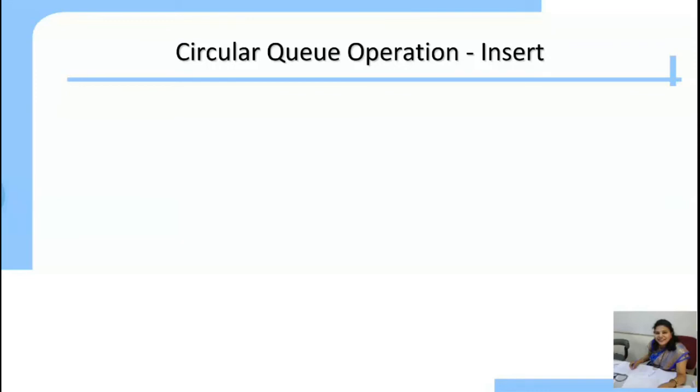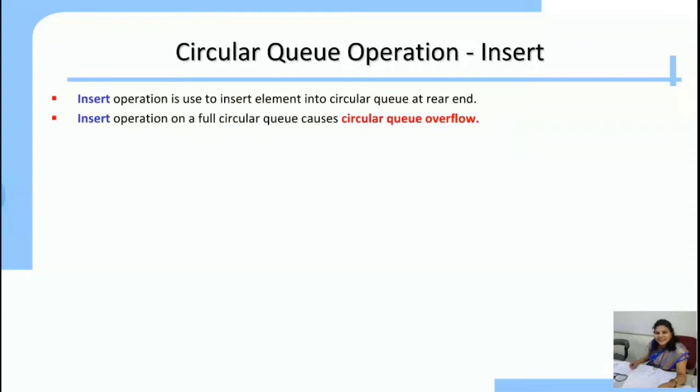Circular Q operation insert. Now we are going to perform the insert operation on the circular Q. The insert operation is used to insert an element into the circular Q at the rear end. And the insert operation on a full circular Q causes the circular Q overflow. As I told you before, the circular Q full conditions are the circular Q overflow conditions. So we have two overflow conditions.